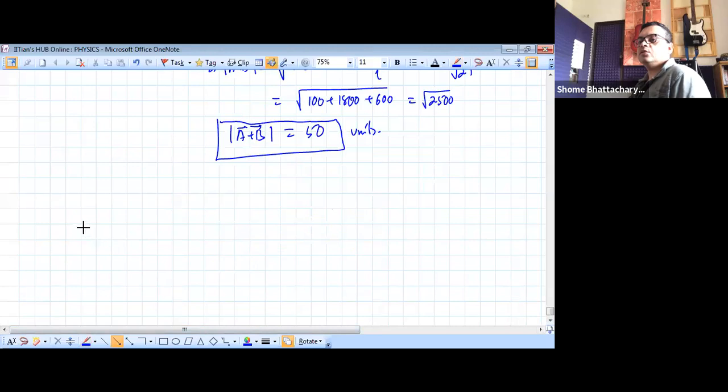If you were to construct the vector triangle, you would realize that, for any vector, whether it is displacement or force or whatever it is, the resultant of A and B would be this vector.